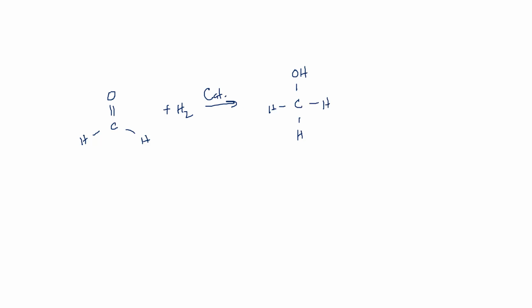So here we're adding, the oxygen was already present. So we're not gaining an oxygen. We are adding a hydrogen here and here. So this is a reduction process. This is a reduction. Okay, and we have gone from an aldehyde with the carbonyl group.